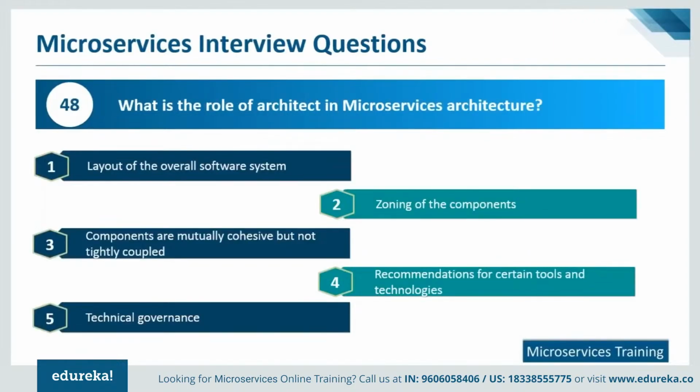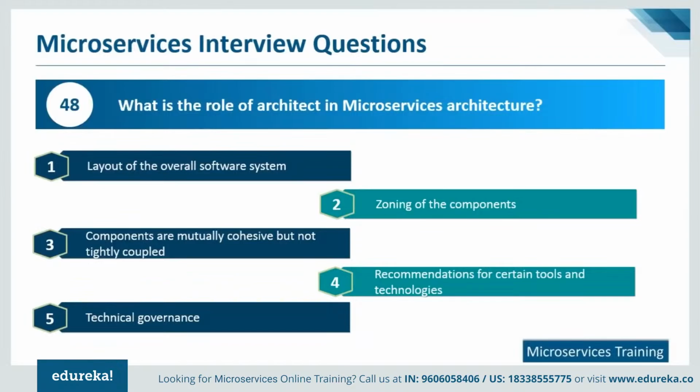What is the role of an architect in a microservice architecture? All the activities which we discussed, all the questions which we discussed, that is something an architect has to plan. It is similar to building a house. There you have an architect who takes care of the construction part. Here the architect needs to take care of the software development part. He is responsible for creating the blueprint or the design.